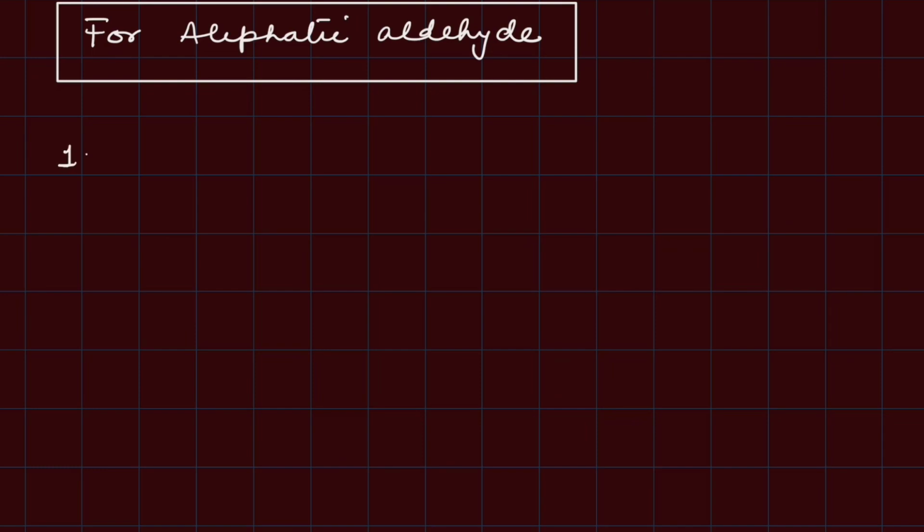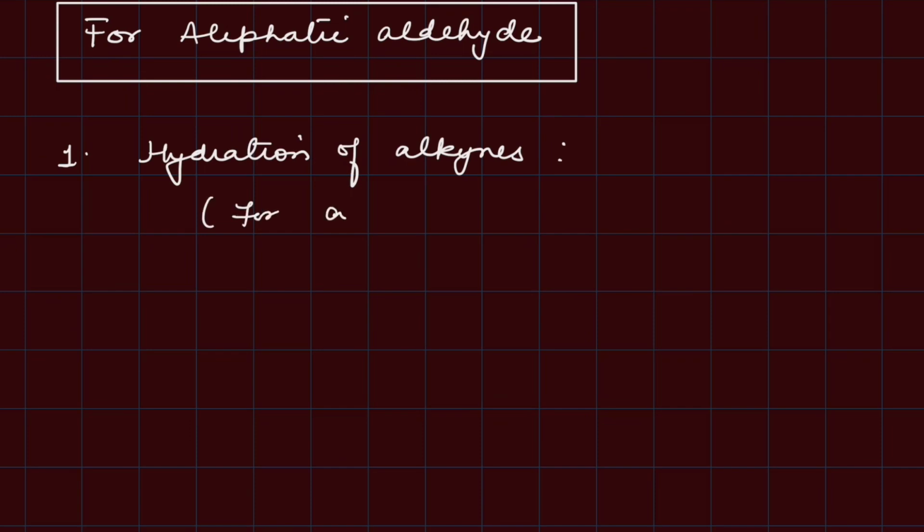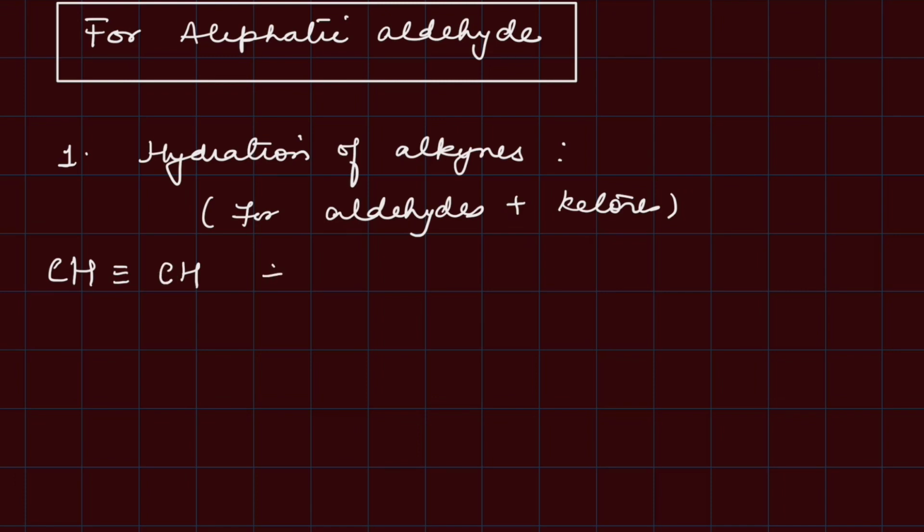The first method: we can perform hydration of alkynes. This is for aldehydes and ketones both. For aldehyde, we take acetylene, or what we call ethyne. We add it into water in presence of mercuric salt, HgSO4, and small drops of H2SO4.